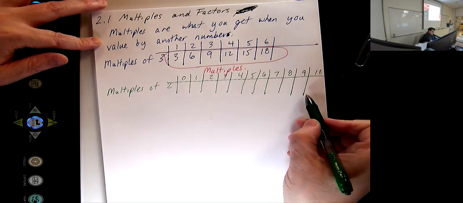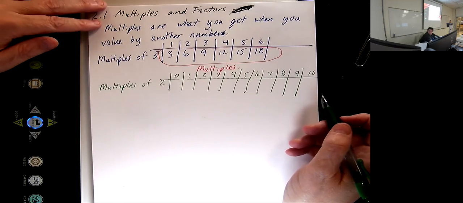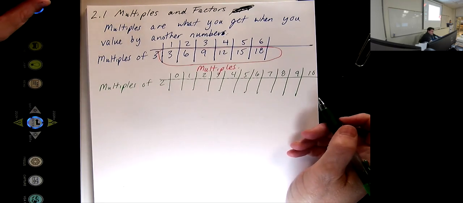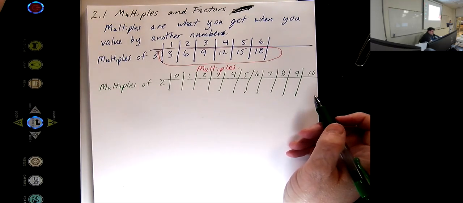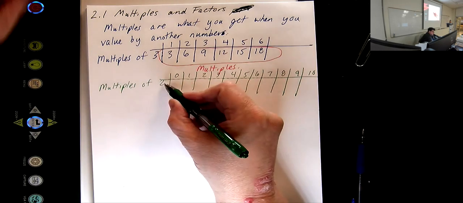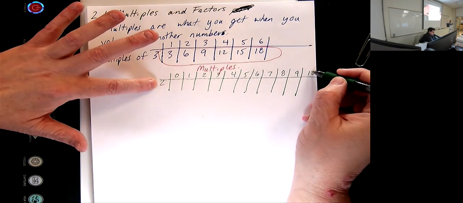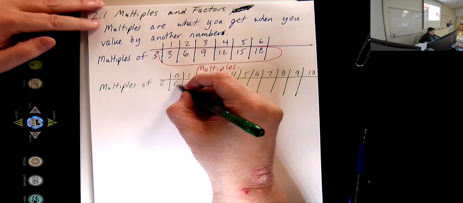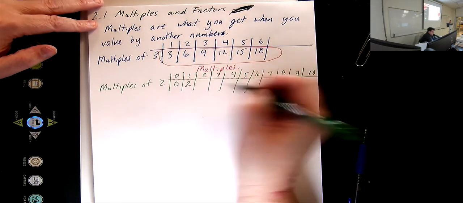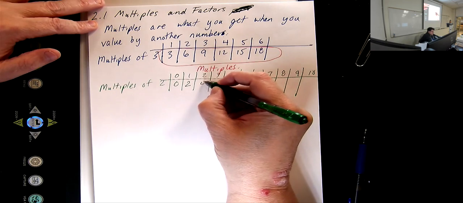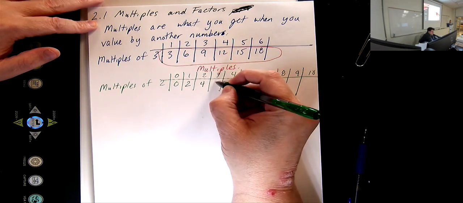And each time I did it, the column got longer and longer because that's how I roll. For the multiples of 2, we're just taking this number here and multiplying by the number on the top. 2 times 0 is 0, 2 times 1 is 2, 2 times 2 is 4, 2 times 3 is 6.